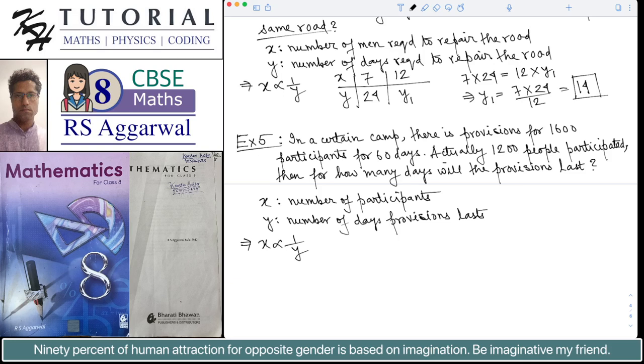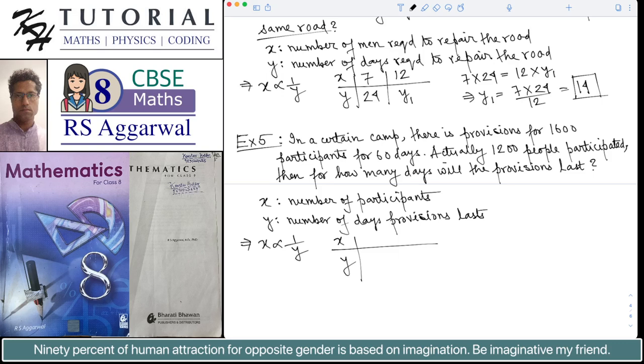And if the number of participants is less, then less food will be consumed per day, and the number of days it lasts will be more. So we have this. Now we can create the table of the quantities X and Y.